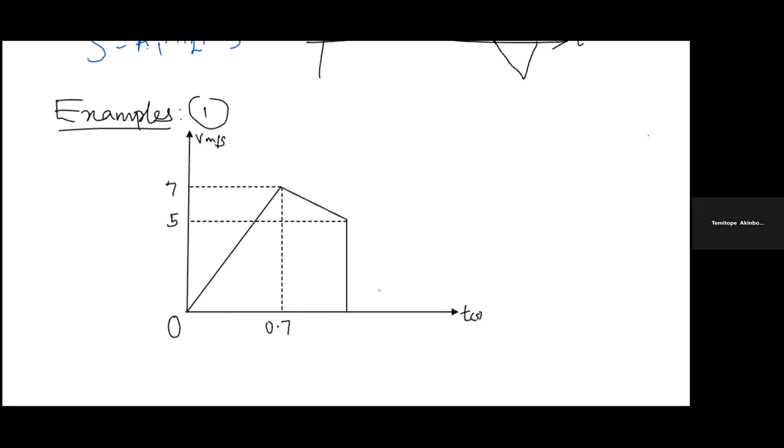The downward velocity of the stone t seconds after leaving A is V meters per second. Full stop.